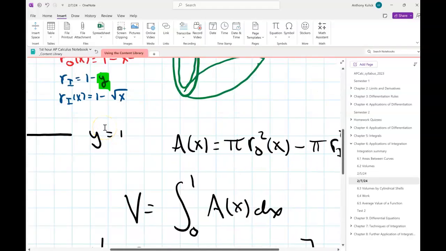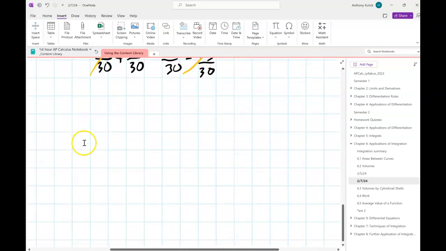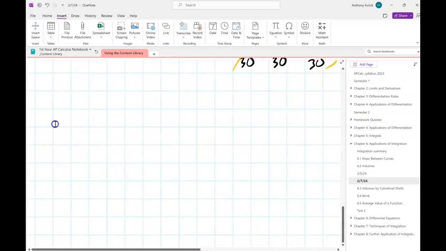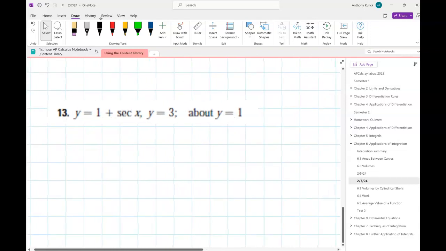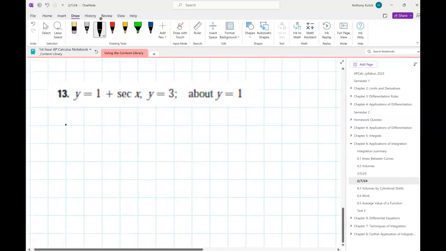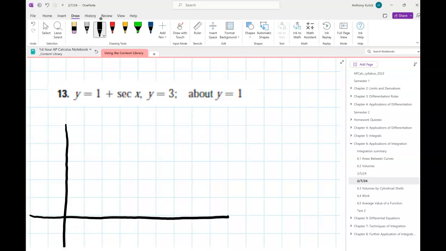Oh boy, that put it somewhere I didn't expect it. All right, so secant. Remember what we're going to need to graph that.